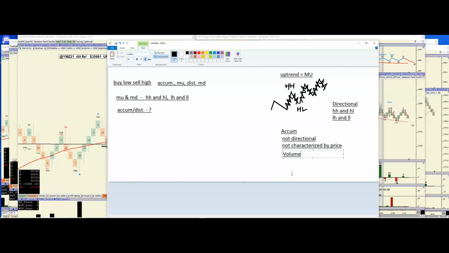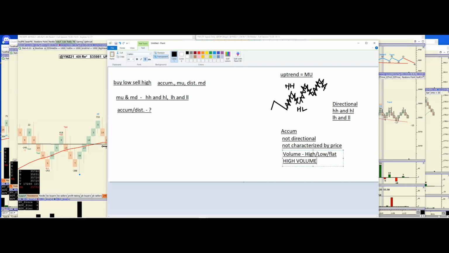And volume can either be high or it can be low. It can also be neither high nor low. It can just be flat, so we call it flat. But when there is accumulation, the characteristic of volume is that it is high volume. At least on the left-hand side, when accumulation starts, it is always high volume.